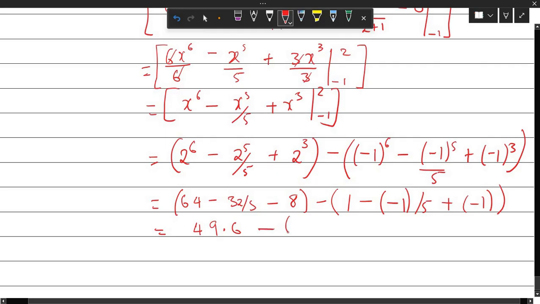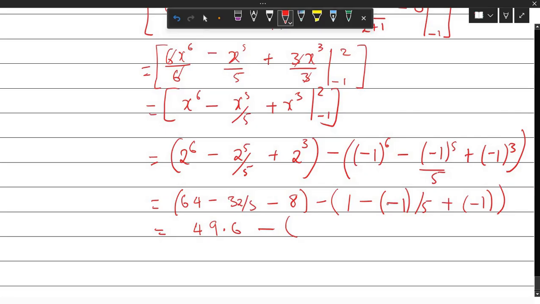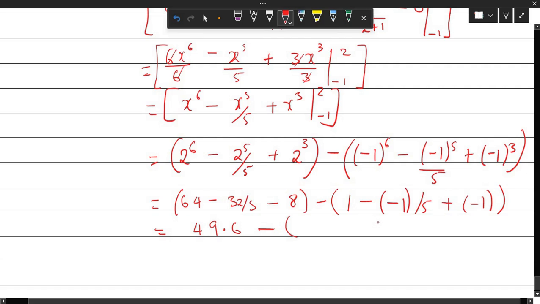Then you say subtract. Then here, positive, this negative times negative, it will be positive. So it's 1 plus 1 over 5. So 1 plus 1 over 5. What's the answer? 1.2. Then negative, positive, negative, it will be negative here. So the answer which you've gotten from here, -1.